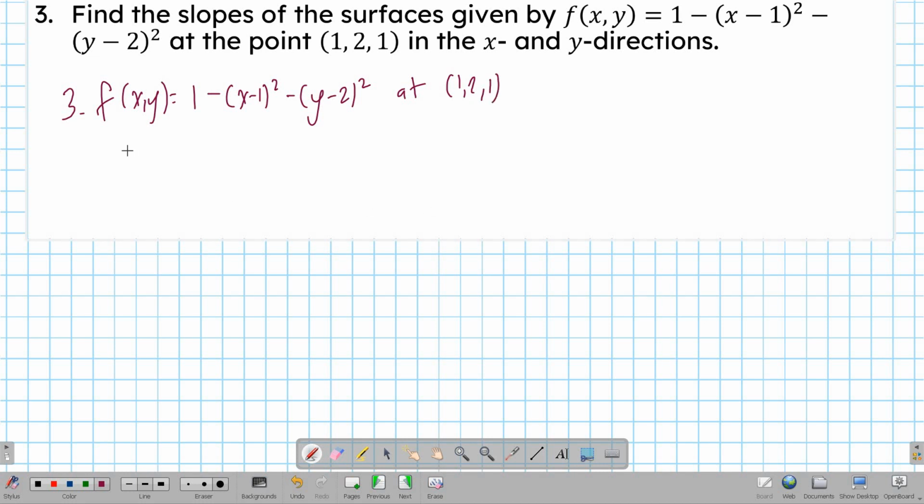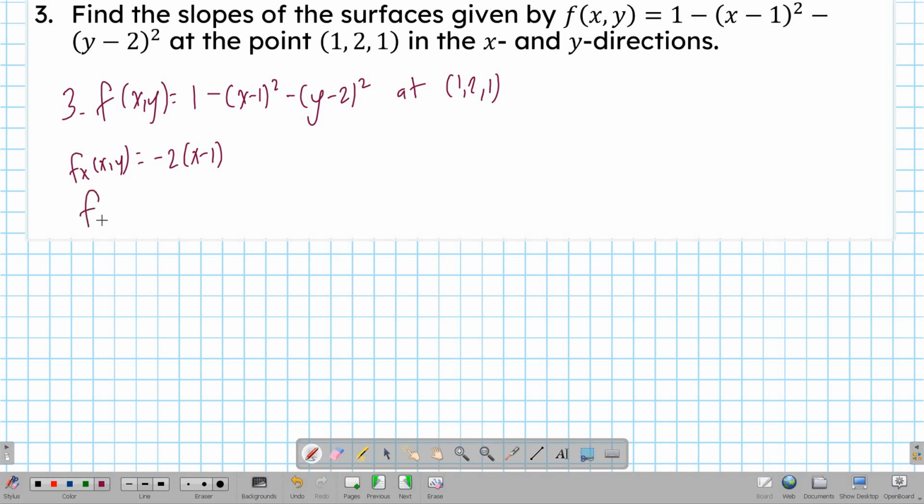So both directions. First, let's find the partial derivative in terms of x. This is constant, so this is what I only need to find the derivative of. Therefore, this becomes negative 2 times x minus 1 times 1, which is f sub x of x, y.